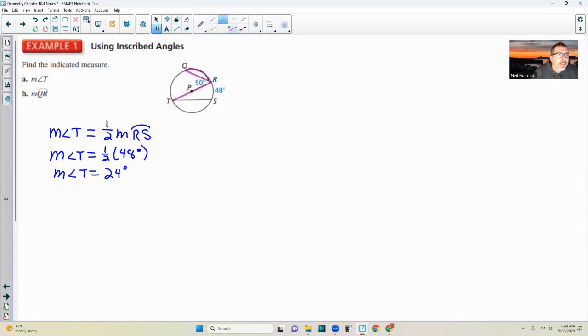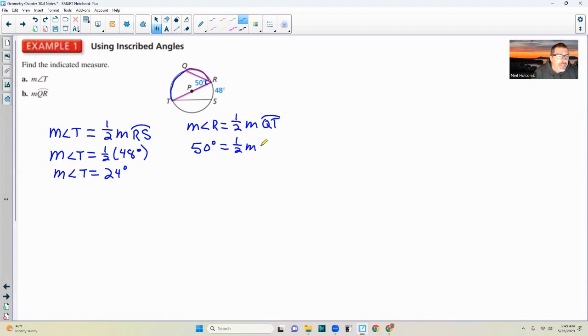So this is an inscribed angle. So now I can say the measure of angle R equals 1/2 the measure of arc QT. Okay, this angle right here is half of this arc here. In this case, I know that this is 50 degrees.